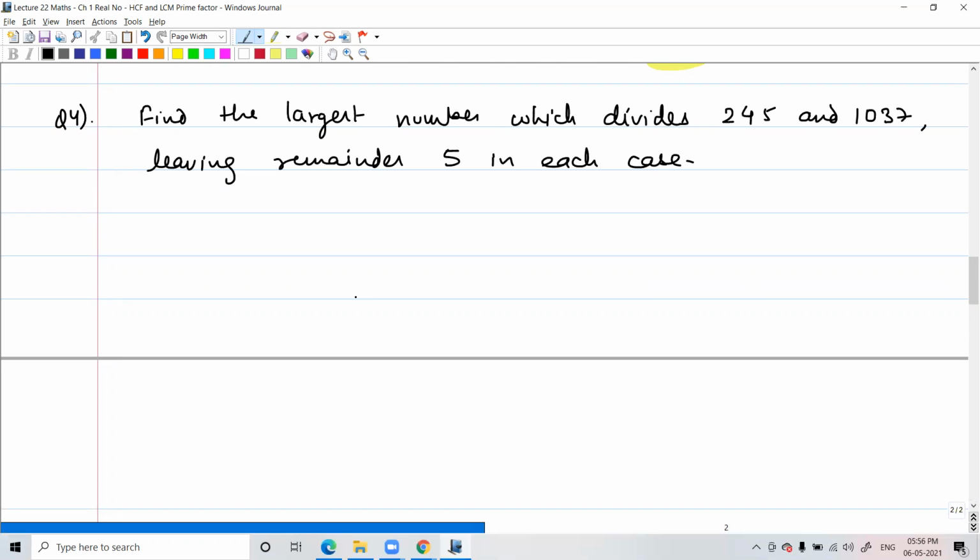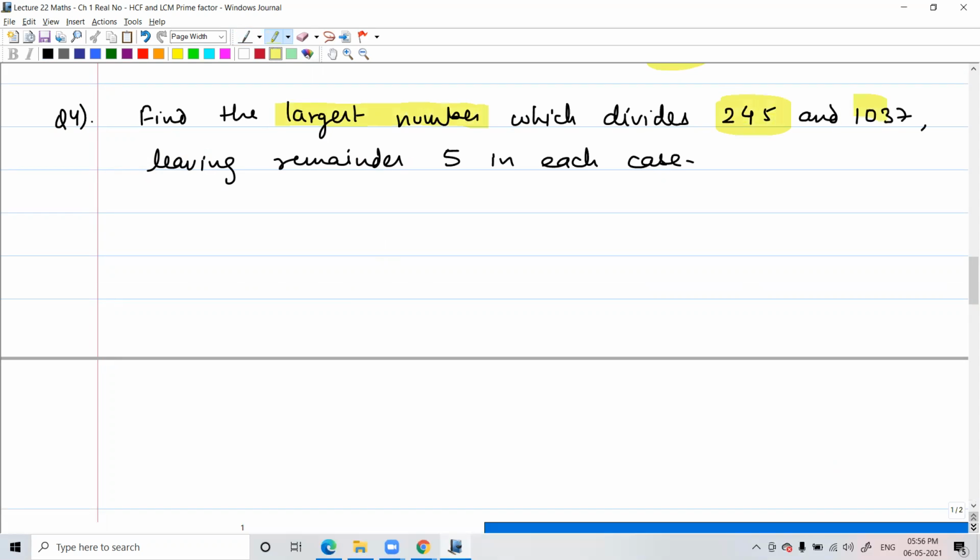Sir, we need to subtract that 5 from both the numbers and then find the HCF. Yes, very good. They're saying that you want to find the largest number which will divide them, but not these numbers just like that. They're saying that once you divide it, it should leave a remainder 5.